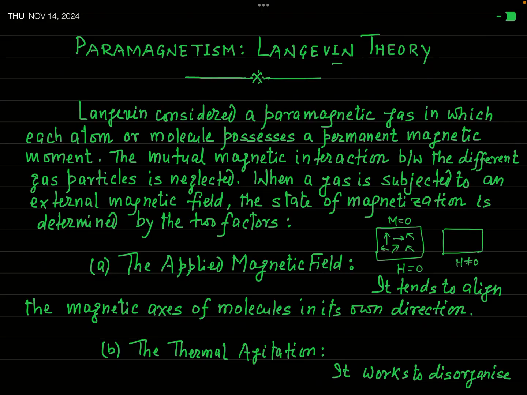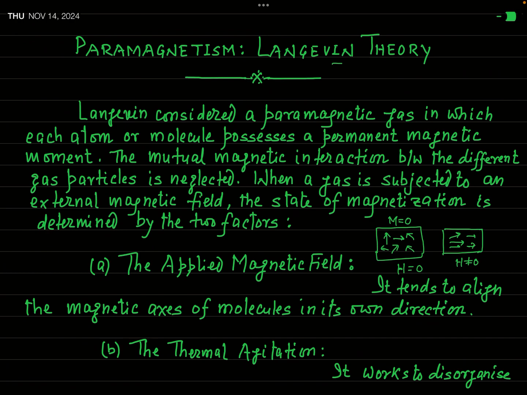When the external magnetic field is applied, each atom of the paramagnetic material, which behaves like a tiny magnetic dipole, experiences torque, and that torque has a tendency to align the atomic or molecular dipole along the line of the applied magnetic field.